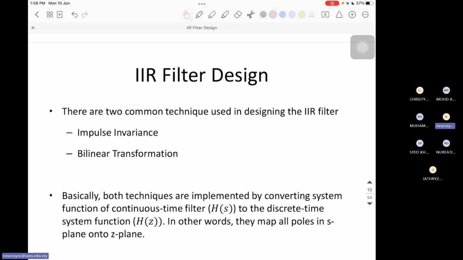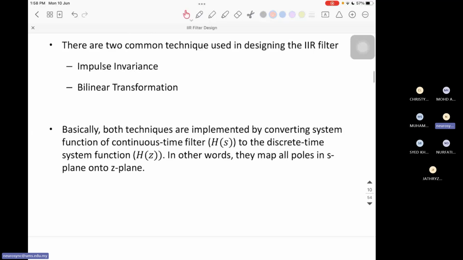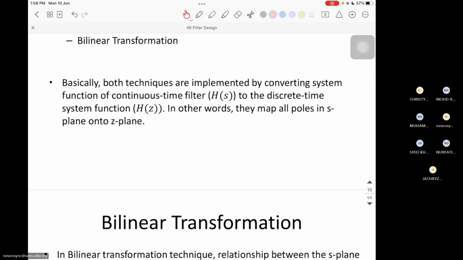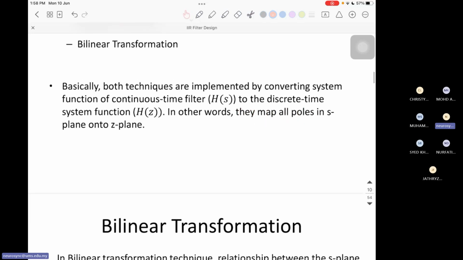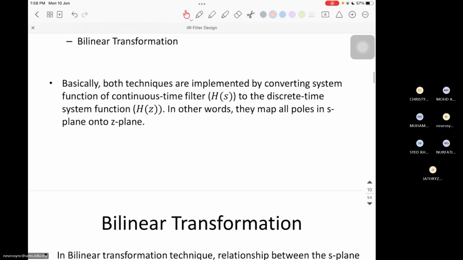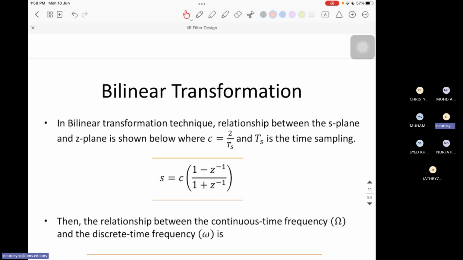In the design process, we will convert this H of S into the discrete system function H of Z. So basically we map all poles in the S plane onto the Z plane. Mostly we will use the bilinear transformation technique.